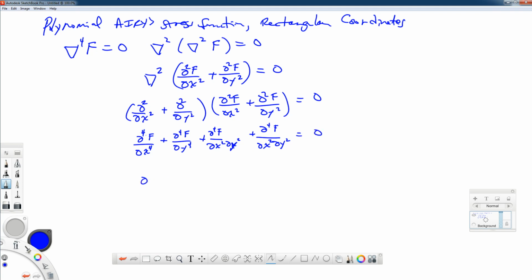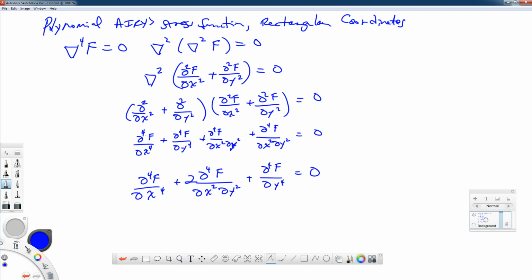So we're going to have the fourth partial of f with respect to x 4 times, plus 2 times the mixed fourth partial derivative, twice with respect to x and twice with respect to y, plus the fourth partial of f with respect to y 4 times. Okay, so that's the long way of writing out the bi-harmonic equation.